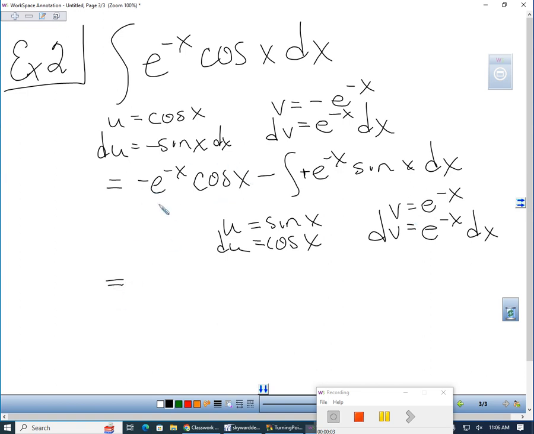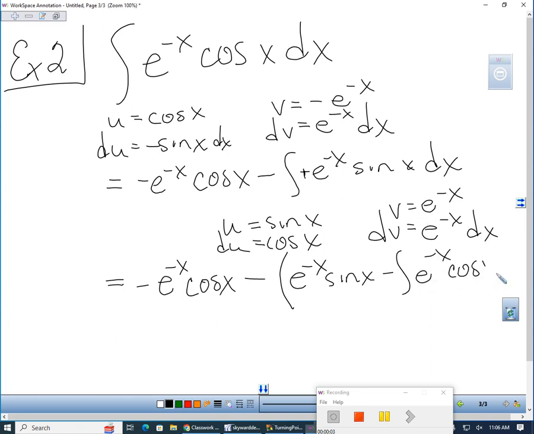I'm going to bring this first part down. Negative e to the negative x cosine x minus, and make a parenthesis. This is where we do u times v, or e to the negative x sine x, minus the integral of v du.